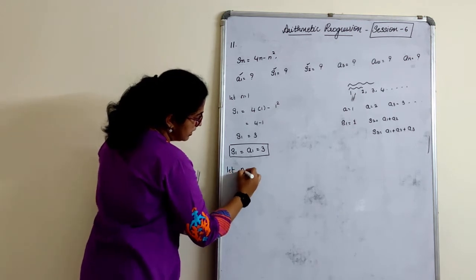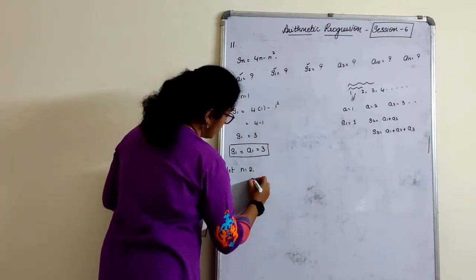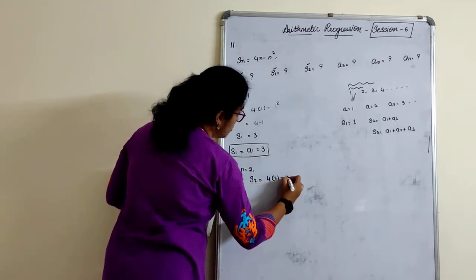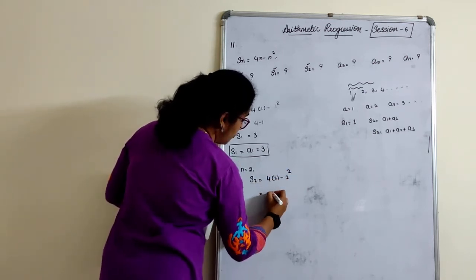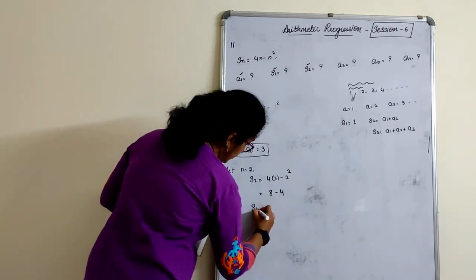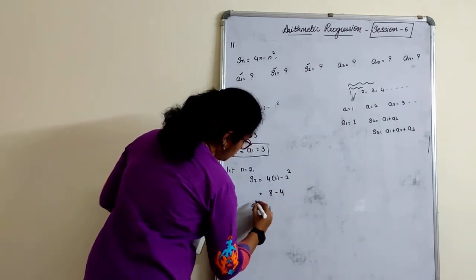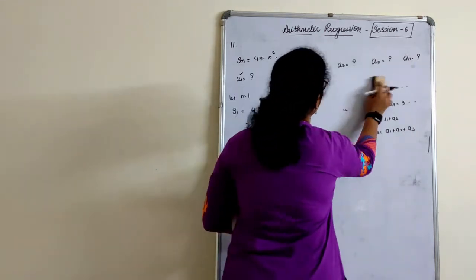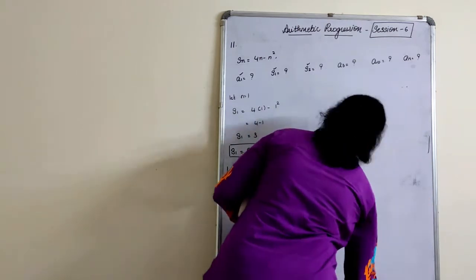Let n is equal to 2. S2 is equal to 4 into 2 minus 2 square. 4 twos are 8, 8 minus 4. Your S2 is 4. Okay, clear till here?